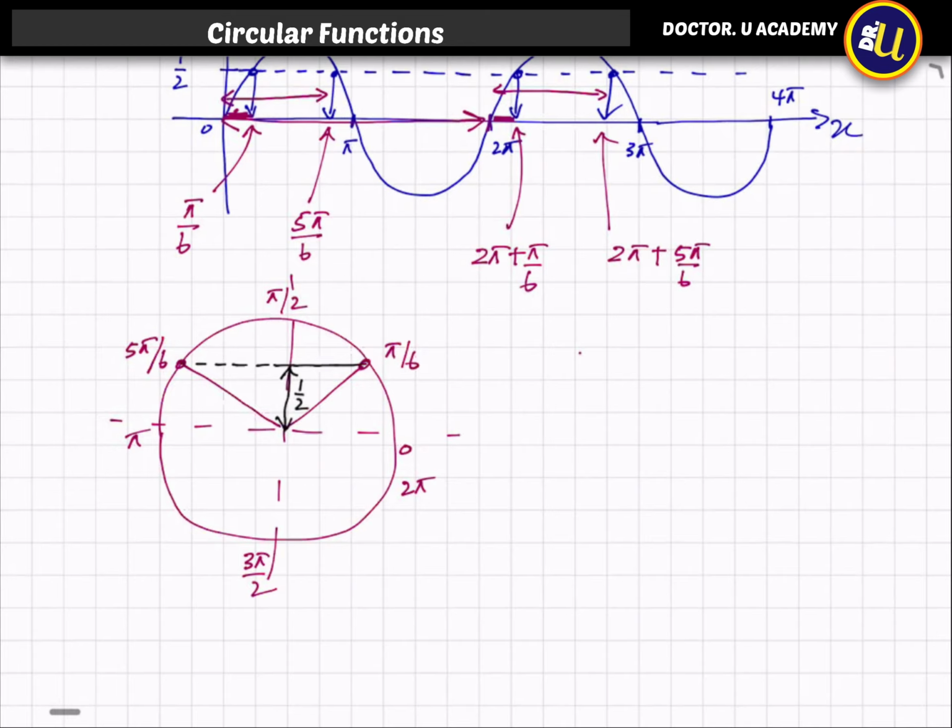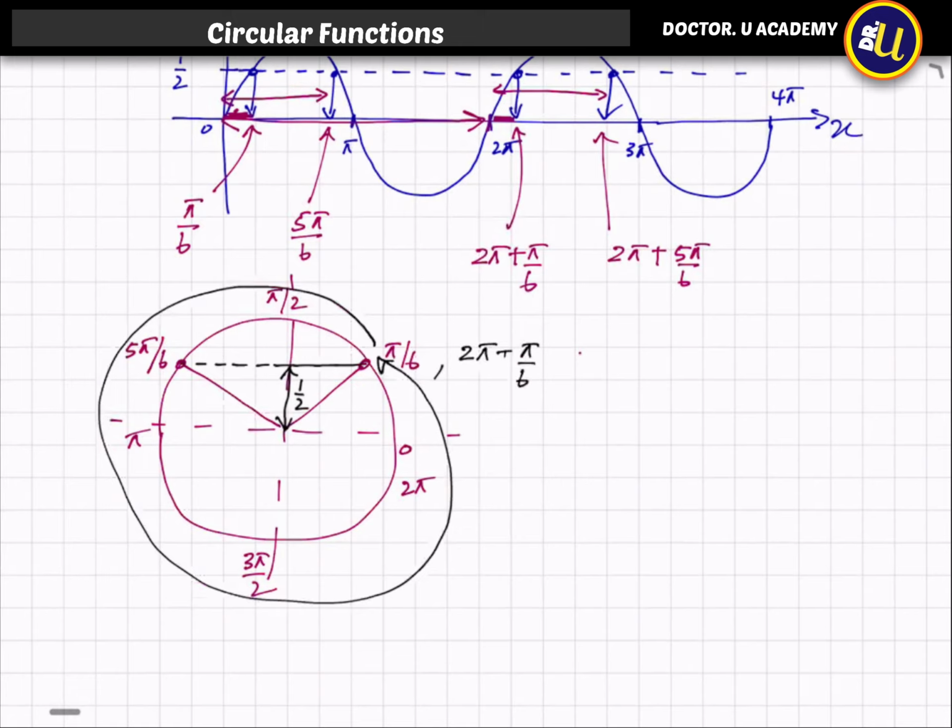Now when you are going in another circle, starting from here, and when you come back there, the 2 pi plus pi divided by 6 position is also the same. Then if you go for another cycle, the 4 pi plus pi divided by 6 position is also the same.